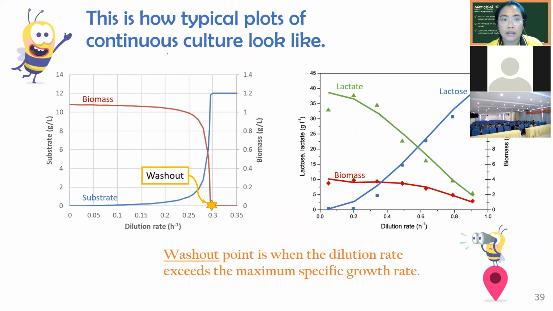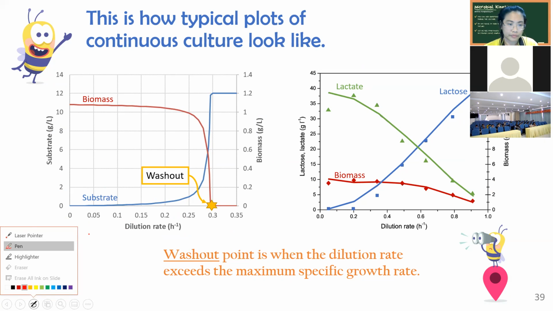This is how a typical plot of continuous culture looks like. You have the substrate concentration, biomass, and product concentration versus the dilution rate, and you can say that it is the profile for the continuous culture.